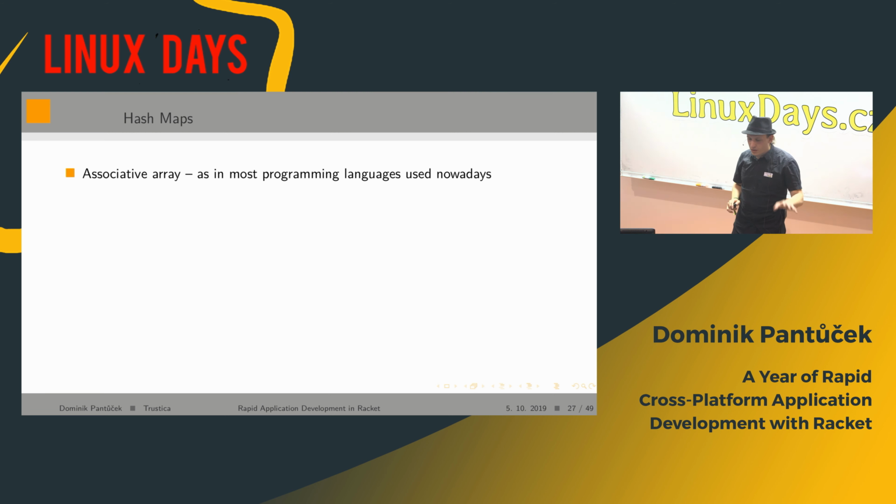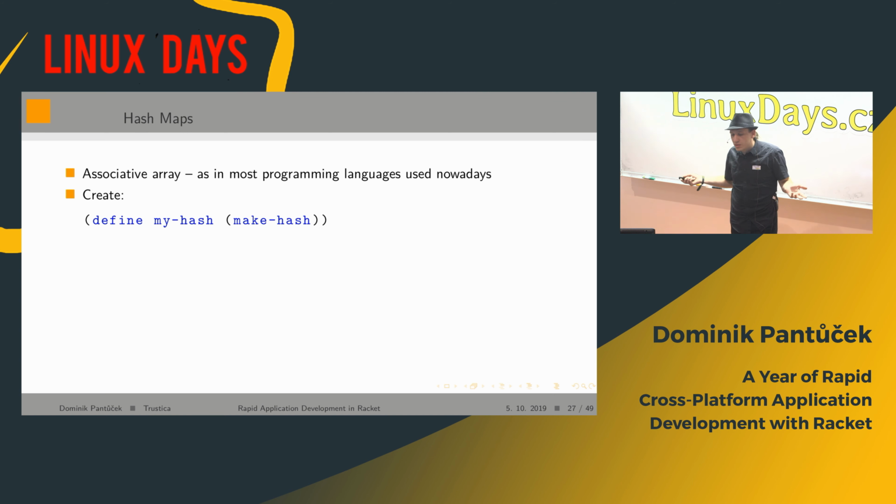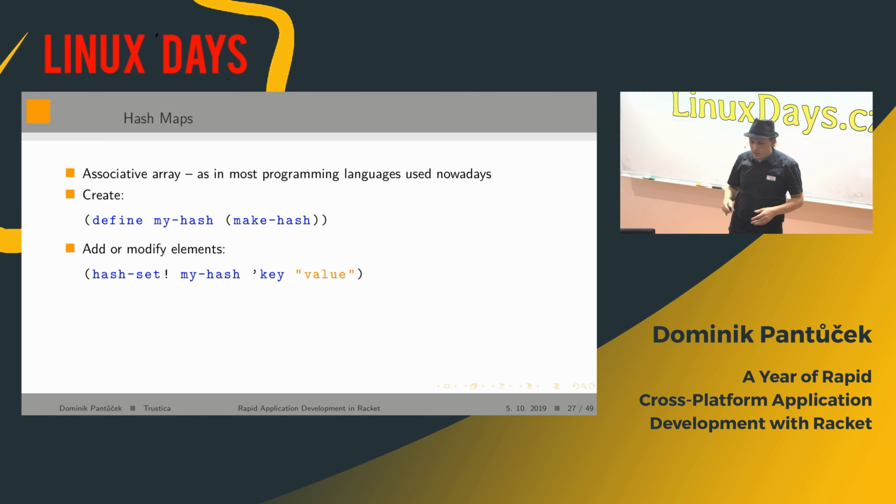Another thing, of course, Racket has things like vectors, lists, associative maps, or associative arrays like hashmaps. It's the same thing as in most programming languages. You can create it by saying make hash. You can add or modify elements. Once again, the hash set function is with exclamation mark because we are modifying something. And of course, there's the hash you want to modify, a key and the value.